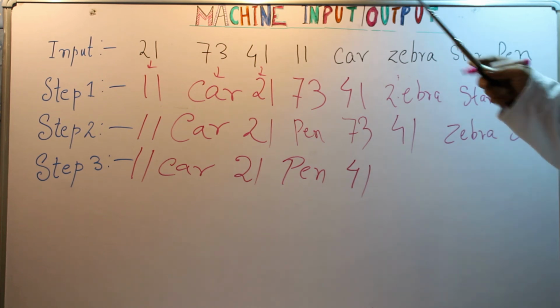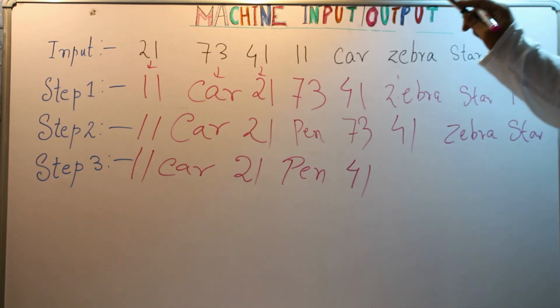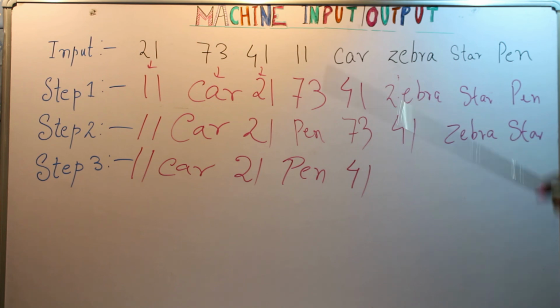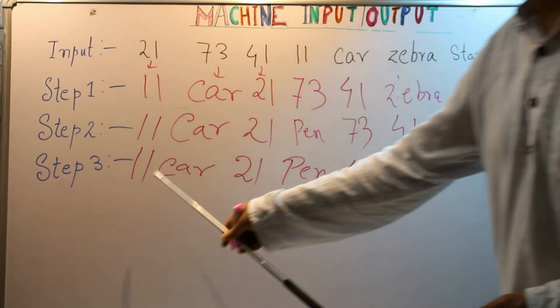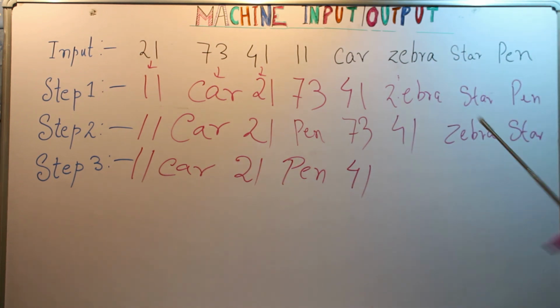You have to follow that trend, and by looking at that trend, you have to furnish this question. So 11 car, 21 pen, now 41 is given. Now which will come? Star.